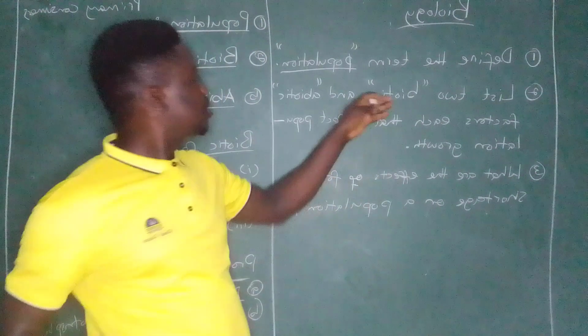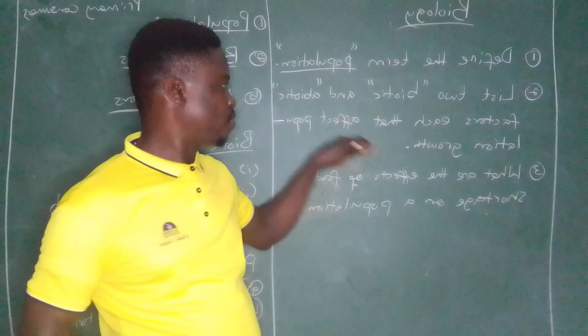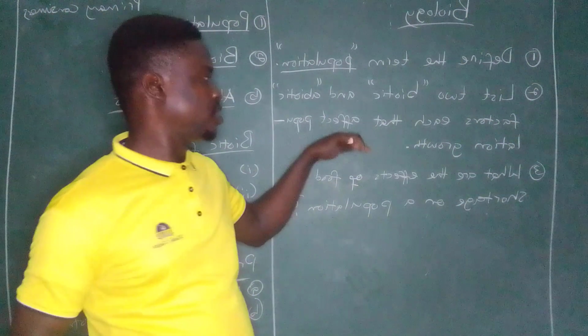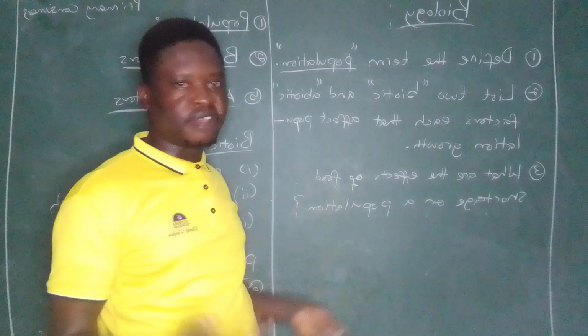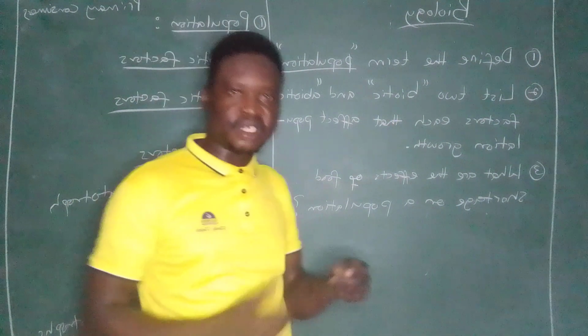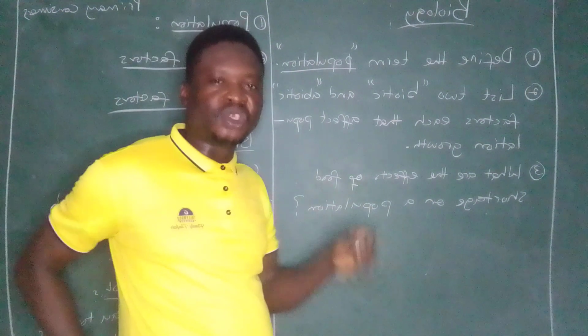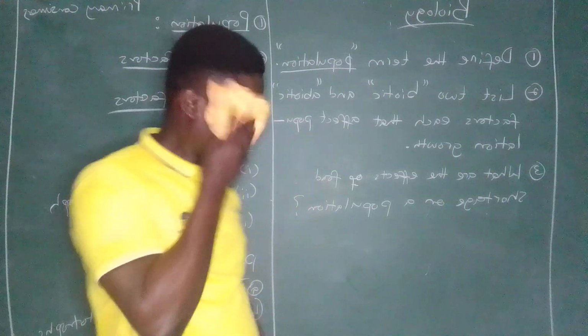Okay. The factors that affect the population of a particular organism. We said we have how many factors? We have the biotic factors, which are the living factors, right? And abiotic factors, which are the non-living factors.